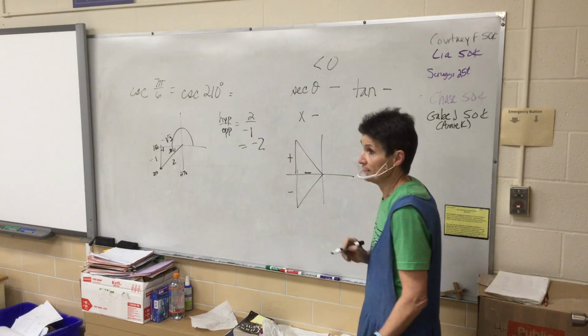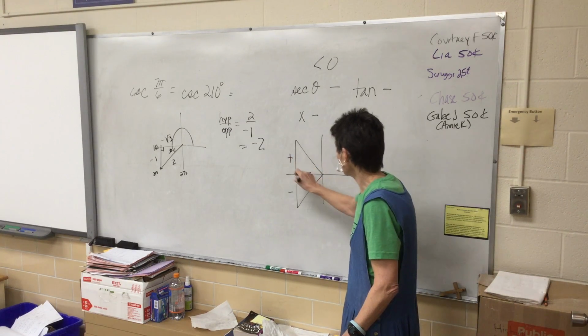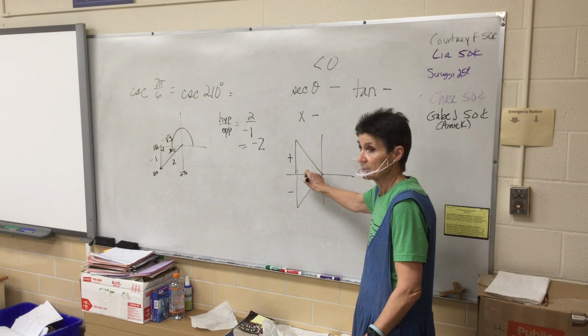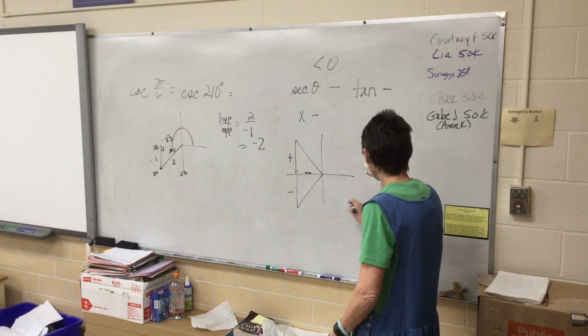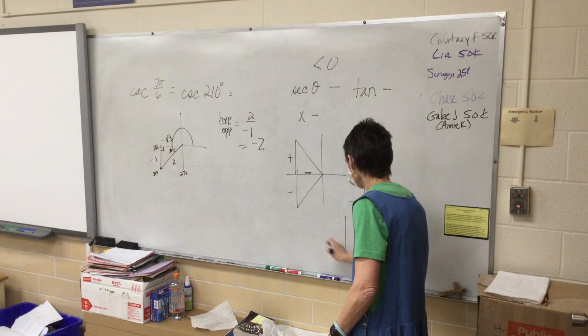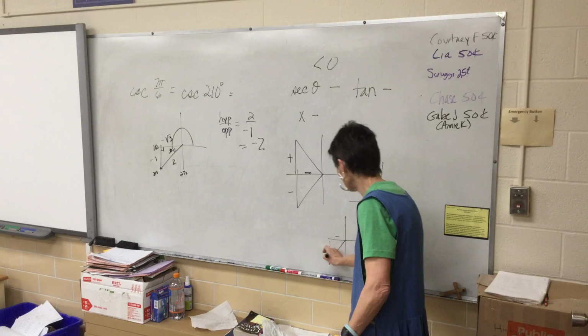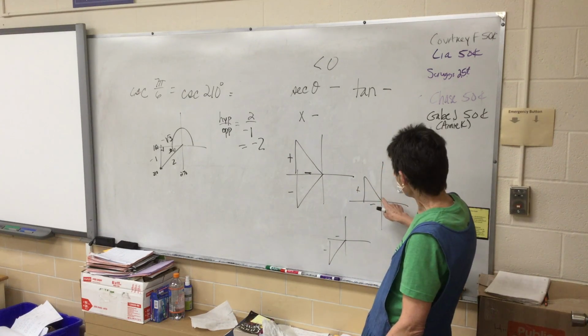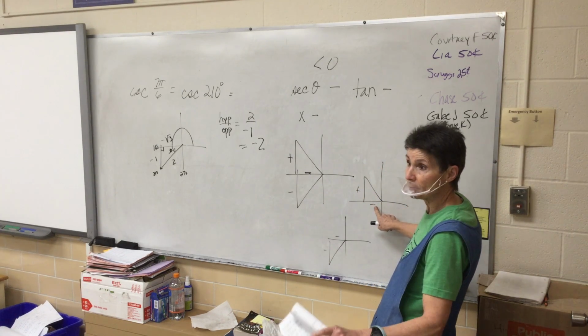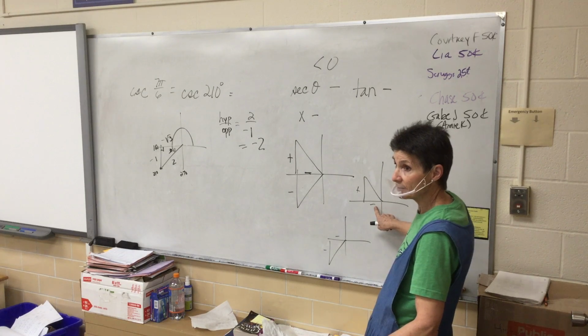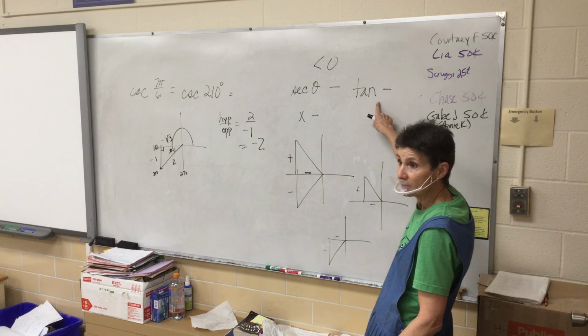Now, tangent is opposite over adjacent. If it's confusing to have both triangles in one picture, you can draw them in separate pictures. So that's negative, we know. That's positive, that's negative. Here, opposite over adjacent would be negative, wouldn't it? Isn't that what we want?